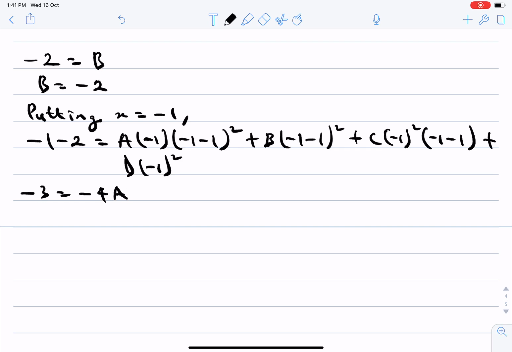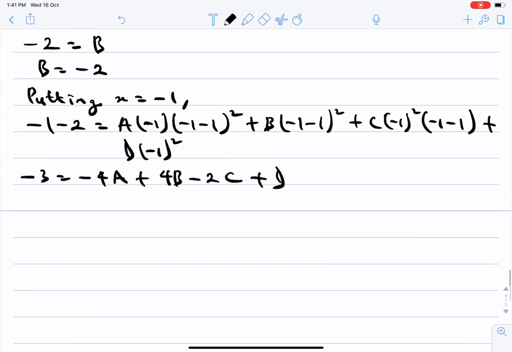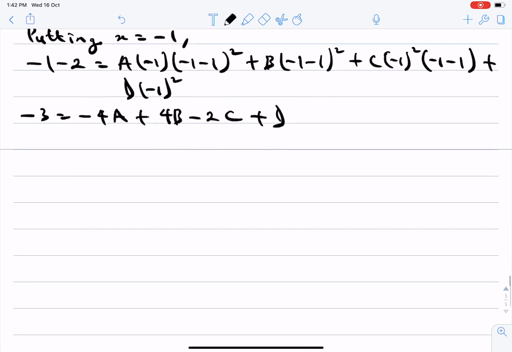Minus 2 squared is 4 times b, plus 4b. Minus 1 minus 1 is minus 2 times 1, that's minus 2c. And this will be plus d. Minus 1 squared is 1 times d is d. Quick check: minus 4a plus 4b. Beautiful. Minus 2c plus d. That's good.